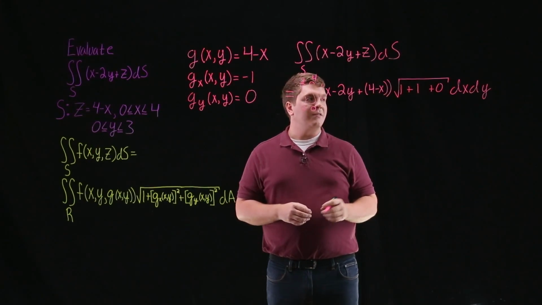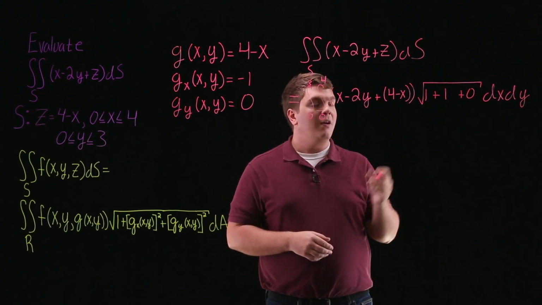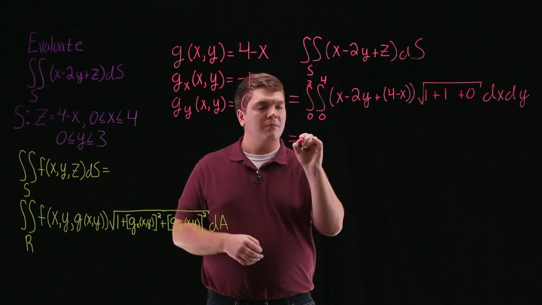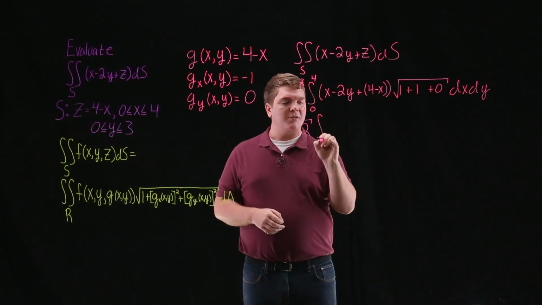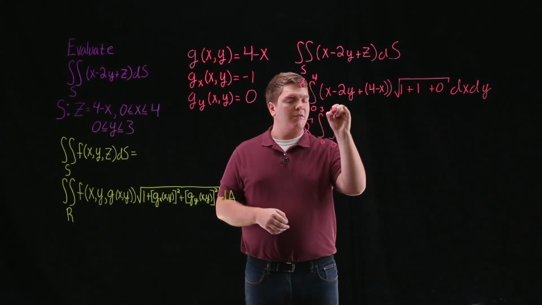So, looking at this, we see that what's under the radical is just the square root of 2. So it's a constant, so we can imagine pulling this out in front of the integral. And we have the integral from 0 to 3, the integral from 0 to 4.